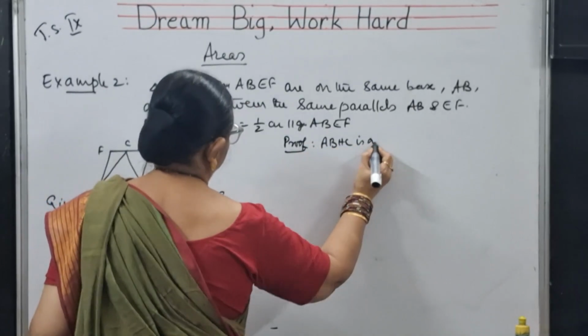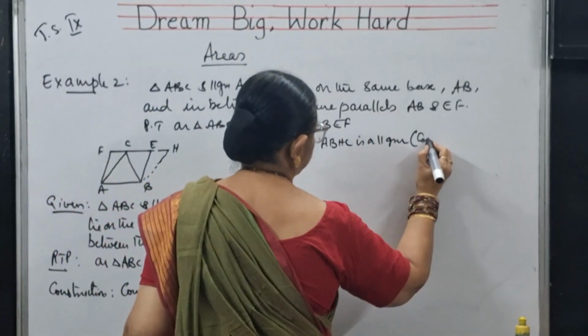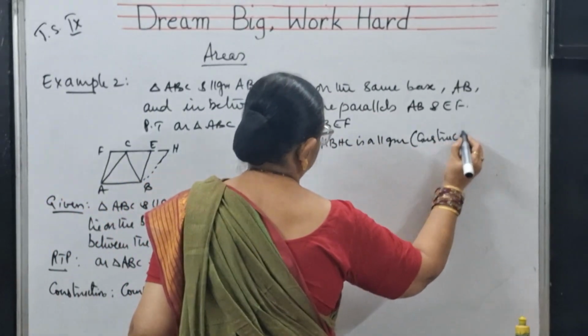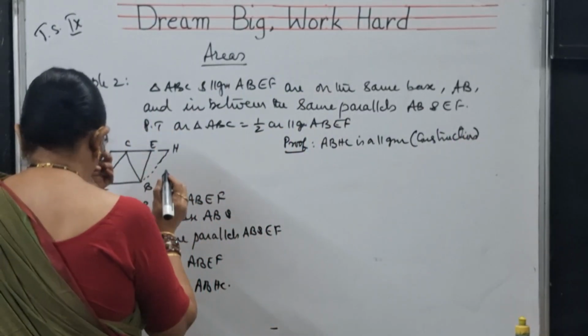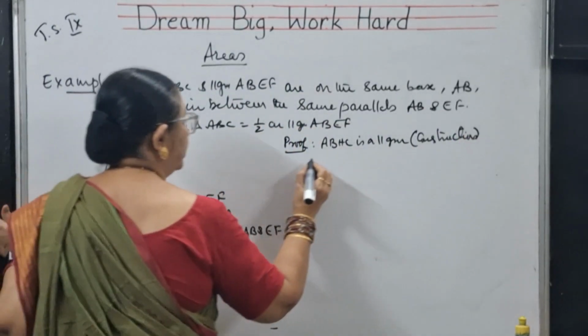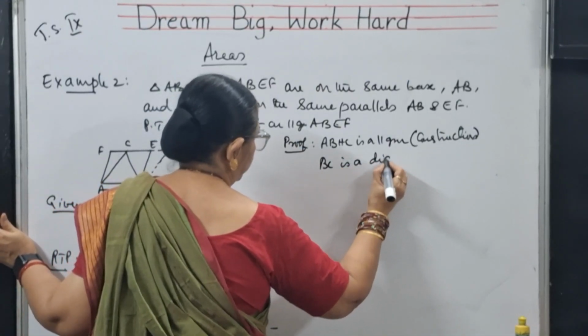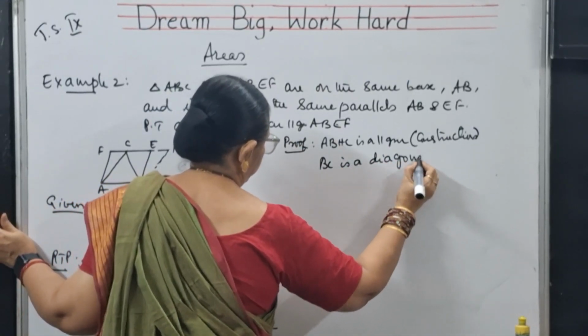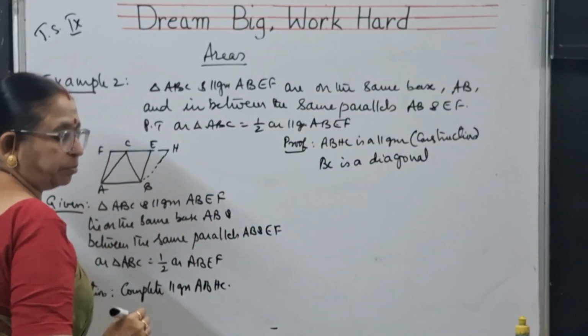ABHC is a parallelogram. Why? Because we have constructed. Because of the construction, ABHC is a parallelogram. And what is BC? BC is a diagonal. BC becomes a diagonal for the parallelogram.